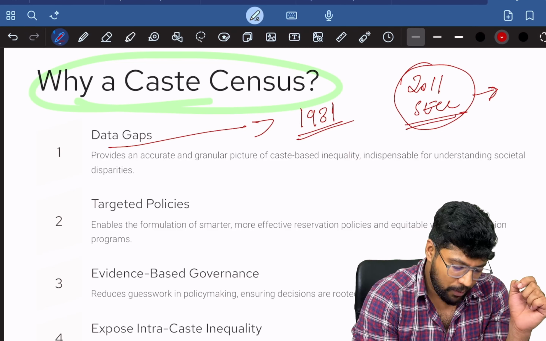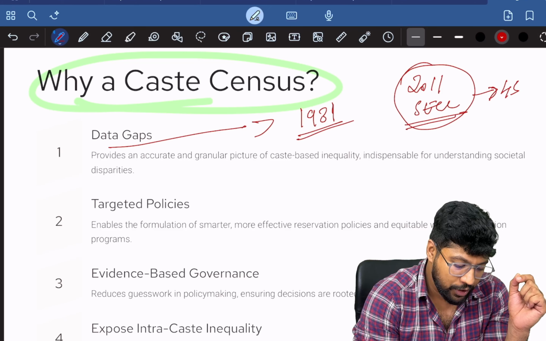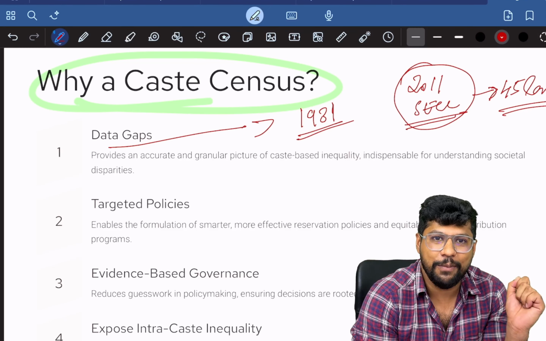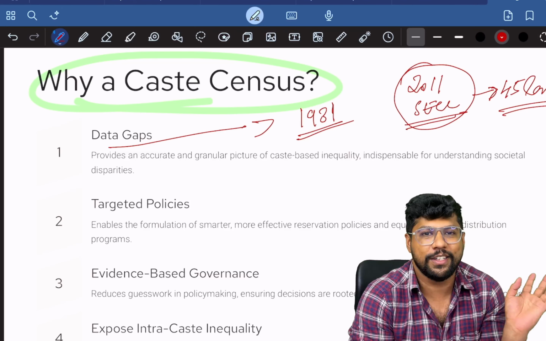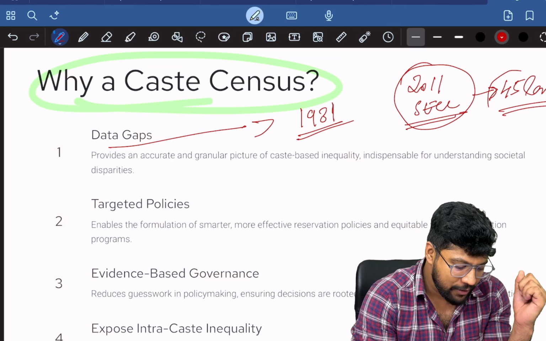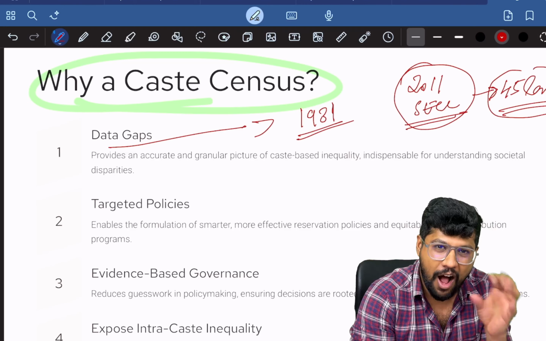As per the socio-economic caste census, there are around 45 lakh castes in India, because people started identifying themselves with whatever caste they wanted.